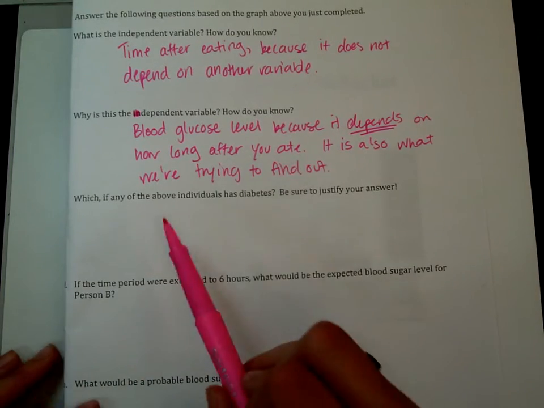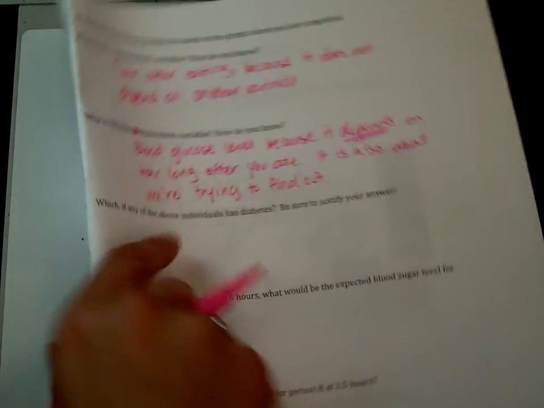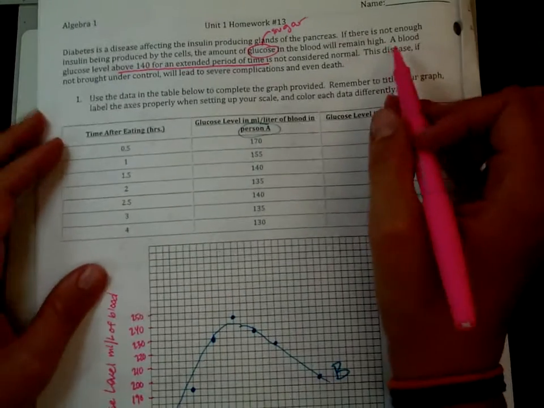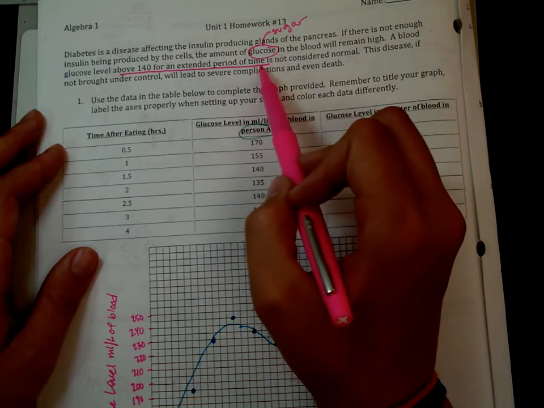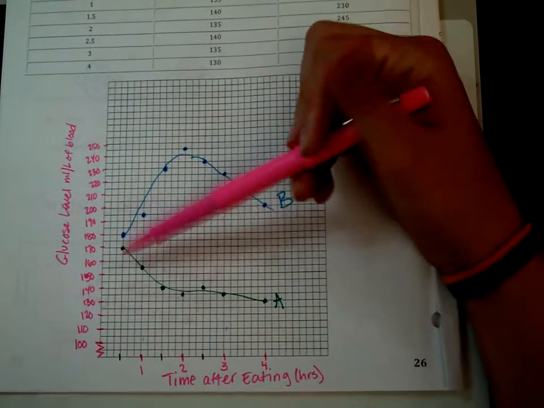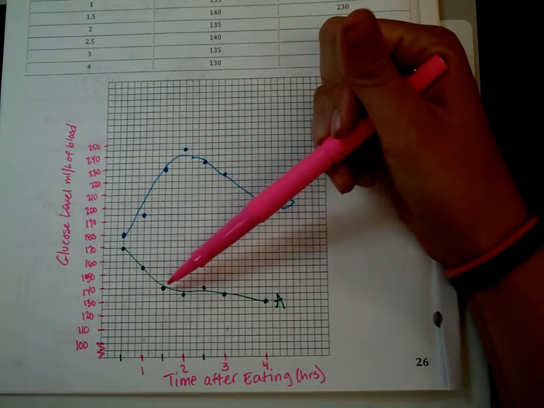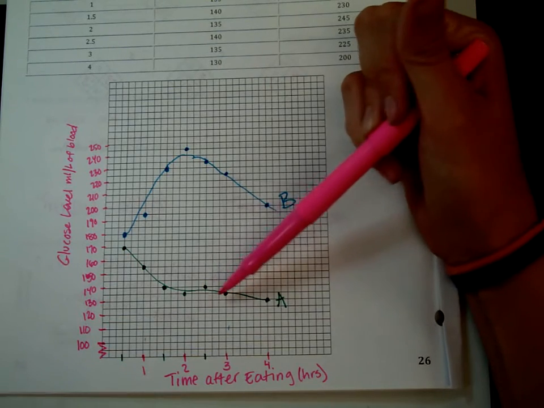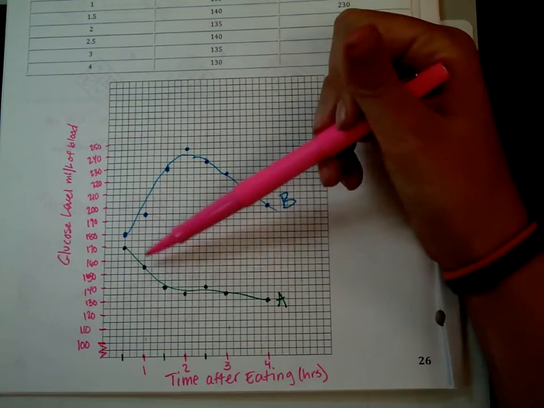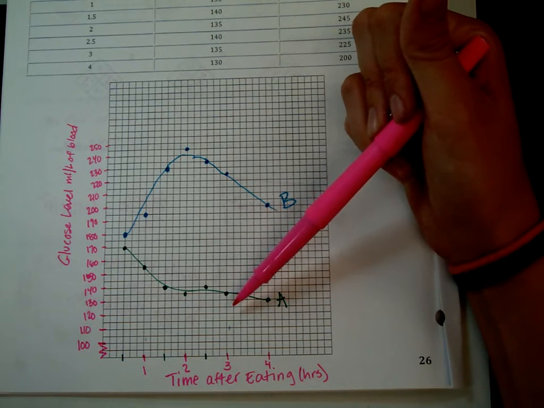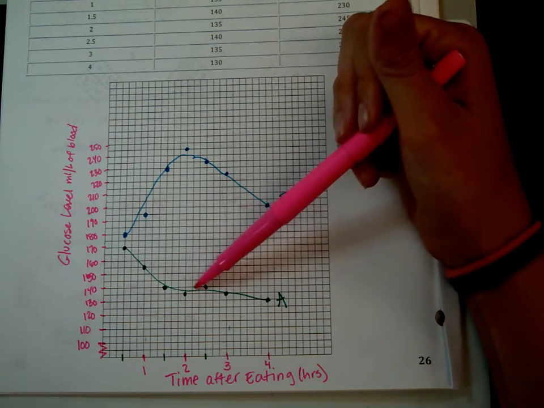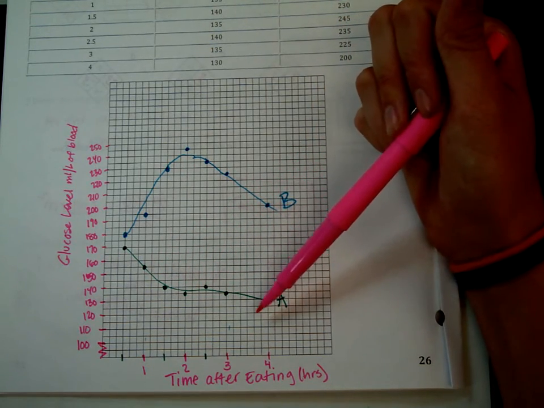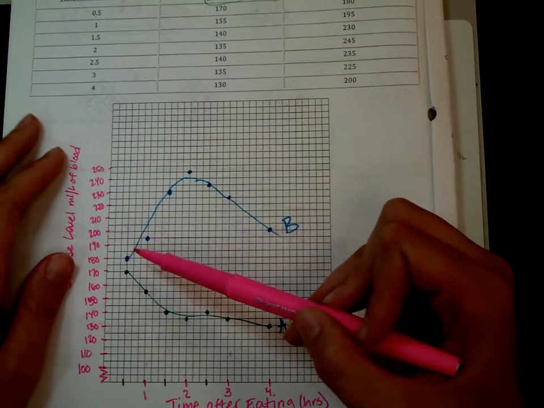Which, if any of the above individuals has diabetes? So let's look at this data. It says here that a blood glucose level above 140 for an extended period of time is not normal. So person A's blood sugar level drops. It goes to 140 and keeps dropping after a couple of hours. That's saying that their insulin is working, because the insulin is what gets rid of the sugar in your blood. And person B, their blood sugar is going up, up, up.